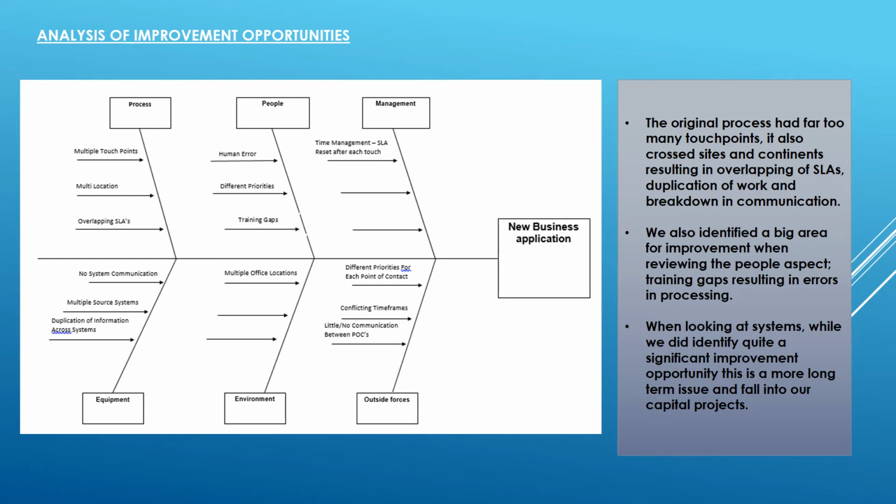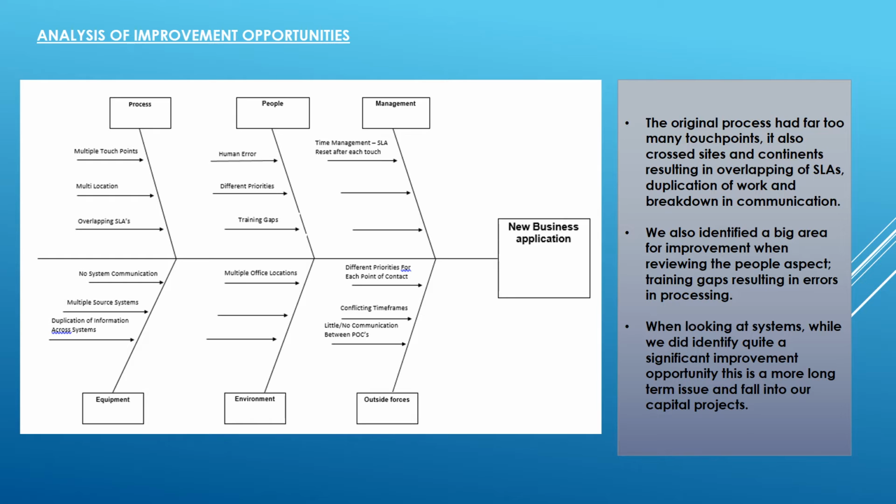The problem with this is this application can go to one of a number of sites. It can go to our head office in Topeka. It can go to one of our satellite offices in Dallas, New Jersey, or here in Ireland, or it can go to our offsite partners in India.